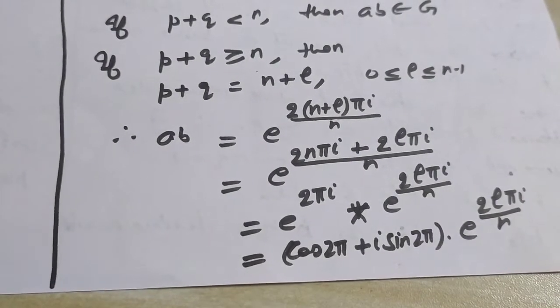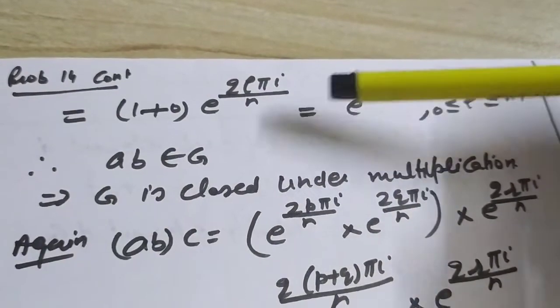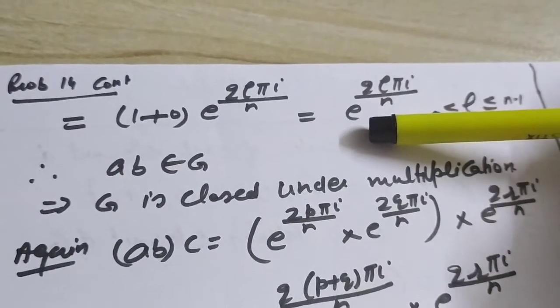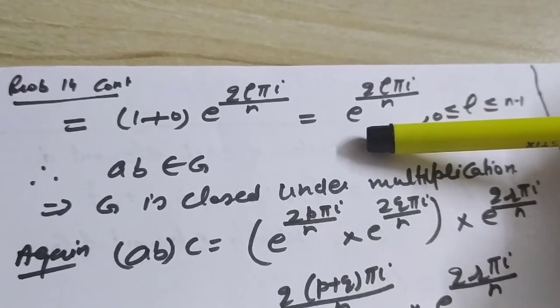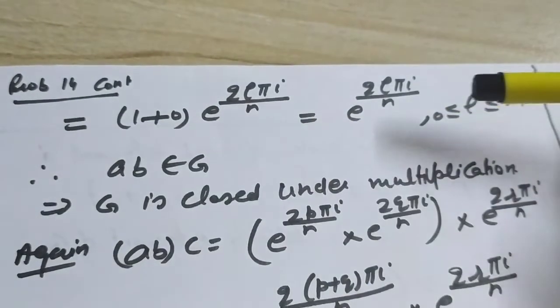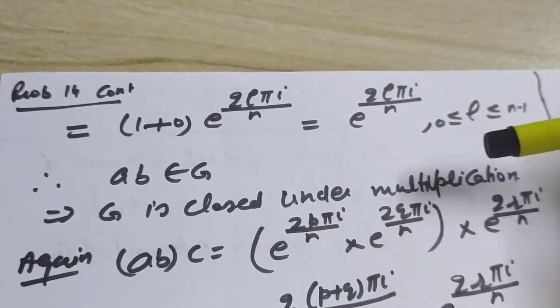You put these two values, and you will get this term, e raised to 2l pi iota over n, and this is a member of G, but this is also the product of A and B. Therefore, AB belongs to G. Hence, G is closed under multiplication. So I have proved the first property of a group.